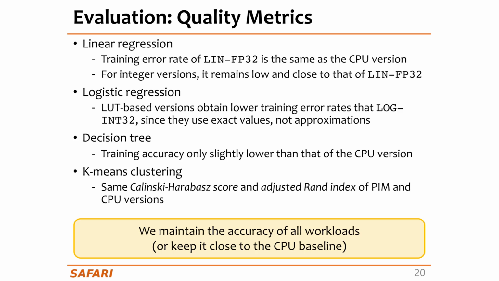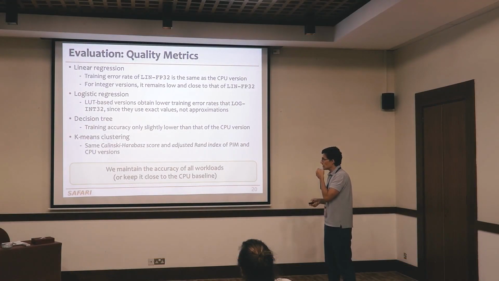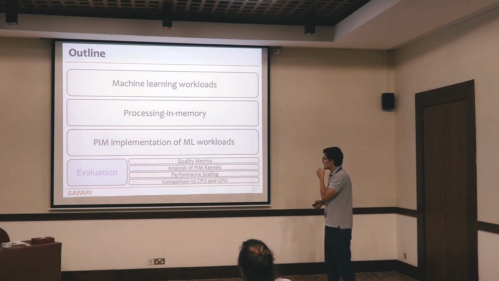For logistic regression, it's kind of similar. Something interesting that we observe is that the versions that use lookup table queries are more accurate and have a lower training error rate than the versions that use the approximations, for exactly that reason: the Taylor series is an approximation. And for decision tree and k-means, Sylvan will talk about the quality metrics.